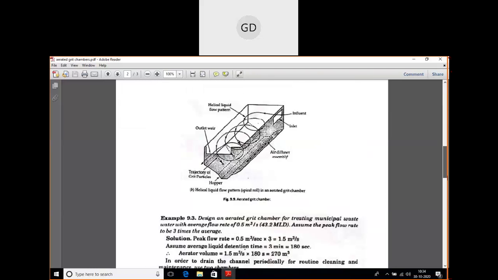The question says: design an aerated grit chamber for treating municipal wastewater with an average flow rate of 0.5 meter cube per second, which is 43.2 MLD. Then assume the peak flow rate to be 3 times the average. Let us see how to solve it.